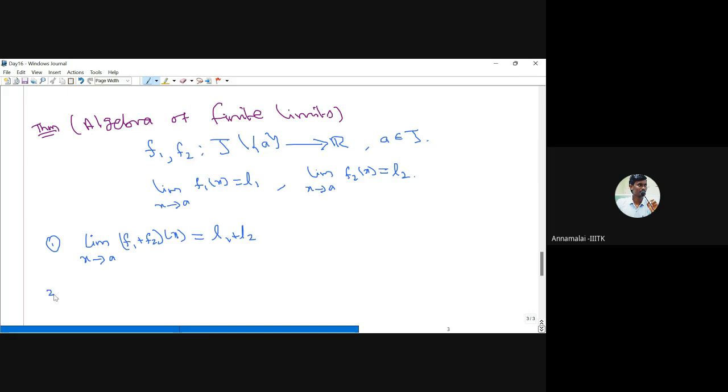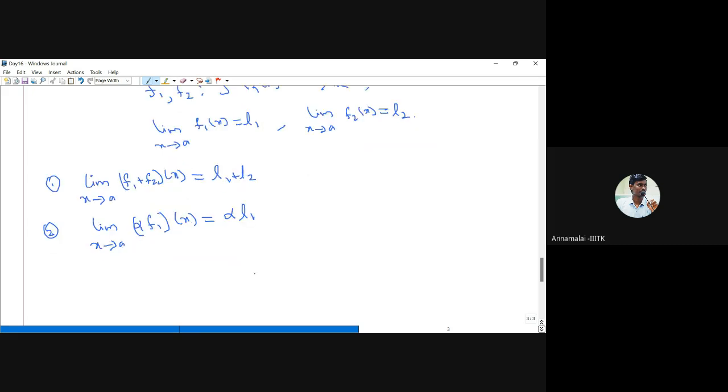If we multiply by some scalar alpha, then the limit as x tends to a of alpha times f1 of x is alpha times the limit of f1, that is alpha L1. Now the product: the limit as x tends to a of f1 times f2 of x is the product of the limits, L1 times L2.